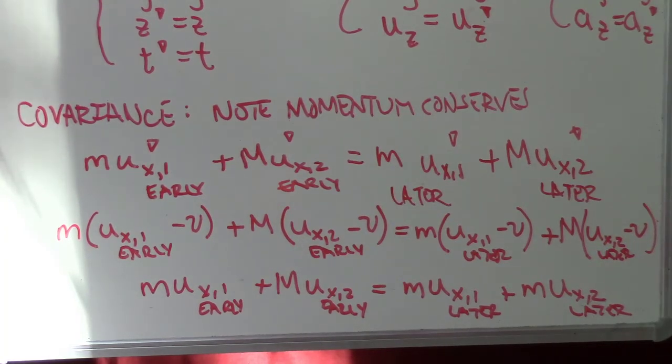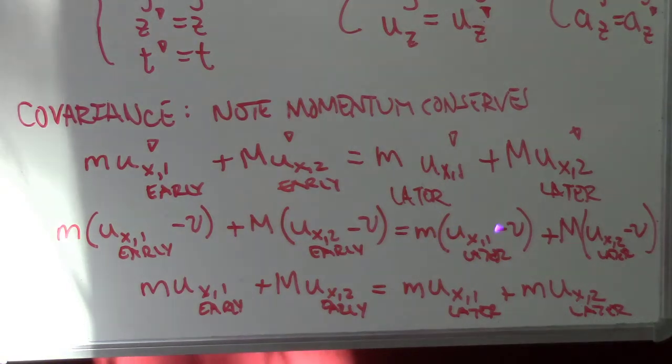But something really cool happens here, right? We get a minus little mv and a minus big MV on the left side, and on the right side we also get a minus little mv and a minus big MV.